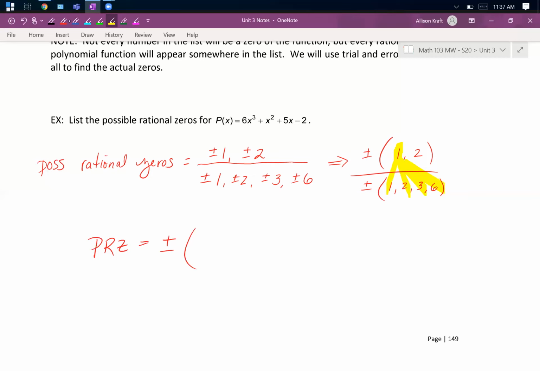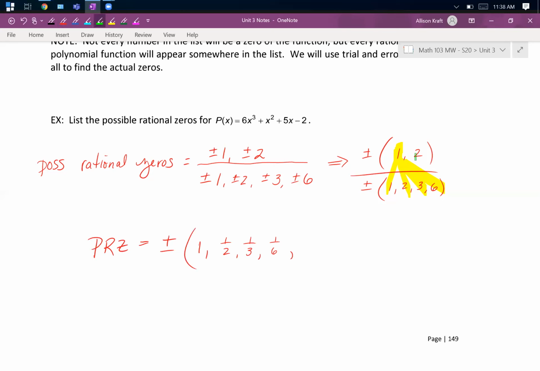So 1 over 1 is 1. 1 over 2, a half. 1 over 3, a third. 1 over 6, a sixth. And then I'll move on and do the same thing with the 2.